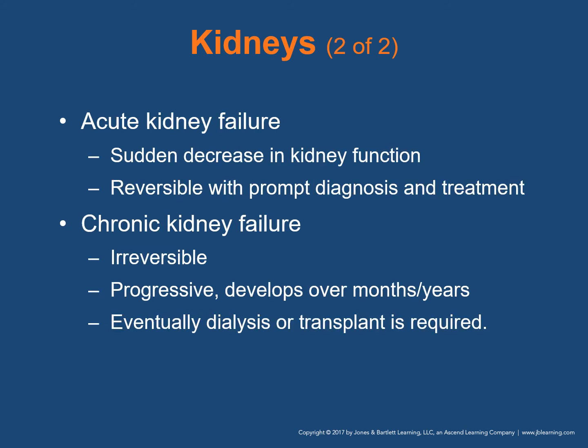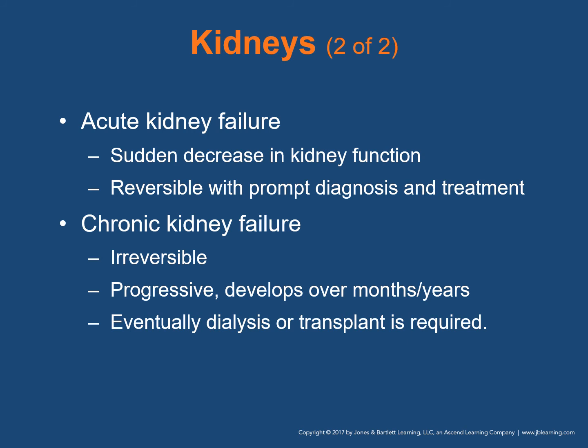Acute kidney failure means that your patient has experienced a sudden decrease in their kidney function. When you have a patient with acute kidney failure, often because of kidney stones or because of infection, it is reversible when there is a prompt diagnosis and treatment. Patients with chronic kidney failure, it's irreversible.